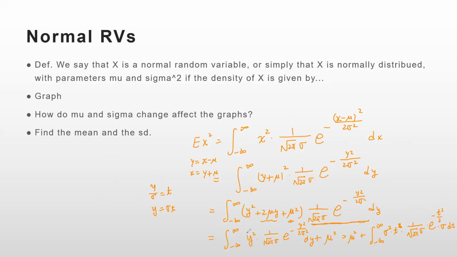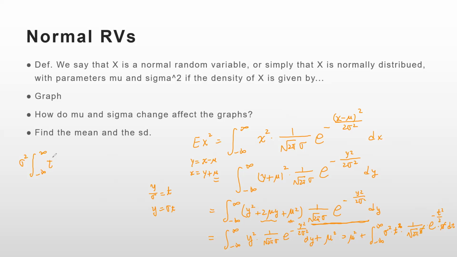So I have this one, negative infinity to infinity. You have a sigma squared, sigma cancels out. So this one cancels out. I still have sigma squared outside. I move it out.